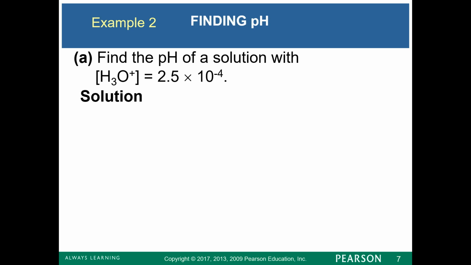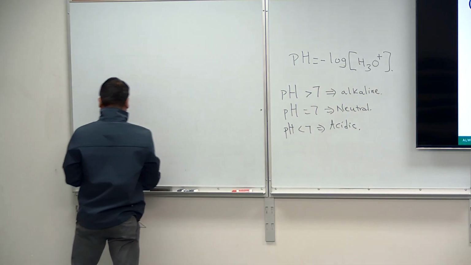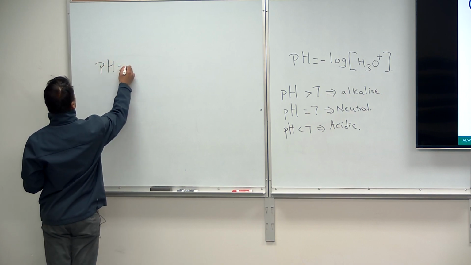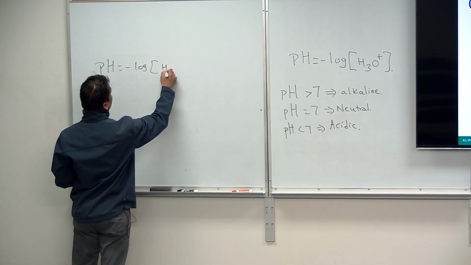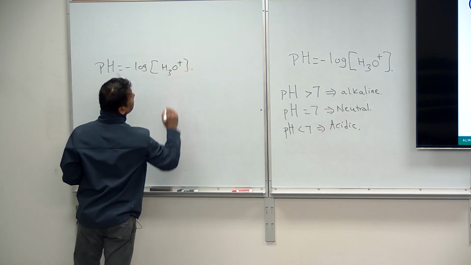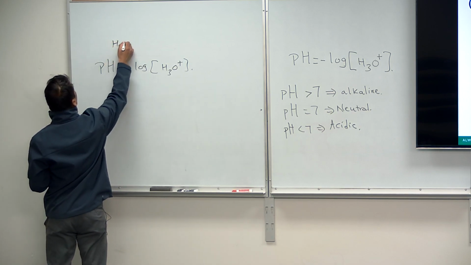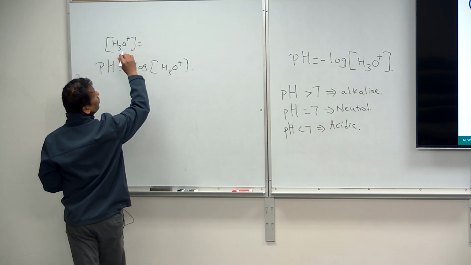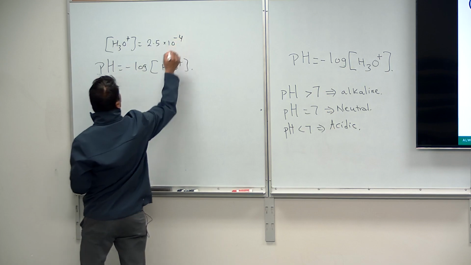So remember the definition, okay? So pH is what? Negative logarithm of H3O+, right? So we have H3O+. H3O+ is given. So this is 2.5 times 10 to the power what? Negative 4.